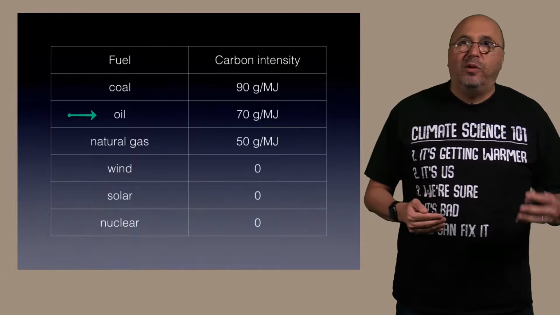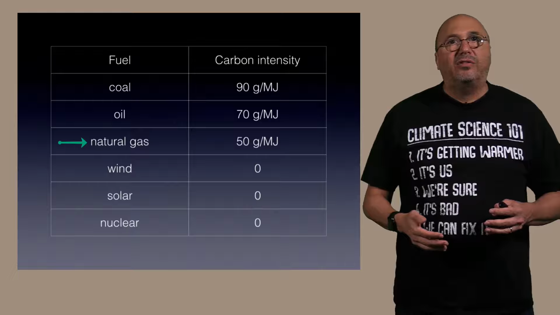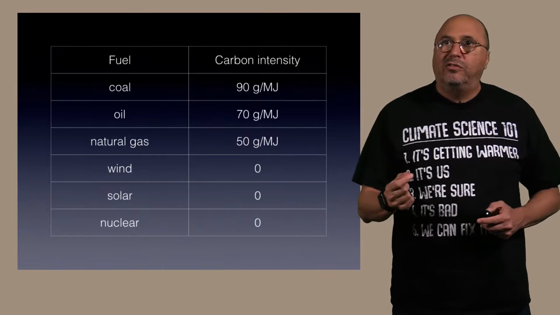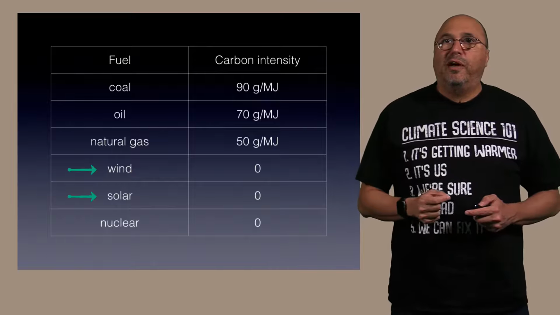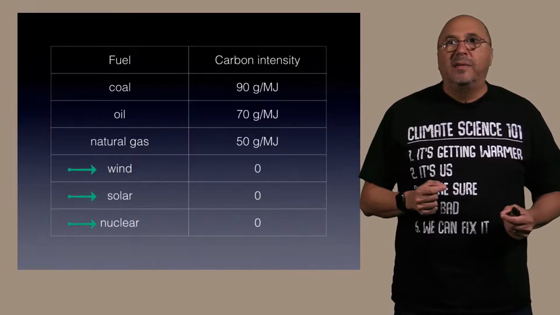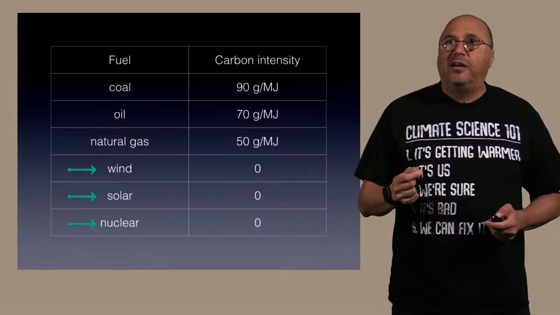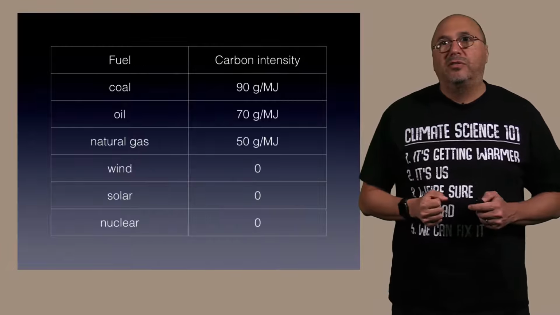Oil produces about 25% less carbon dioxide per joule than coal, and natural gas produces about half the carbon dioxide per joule. But renewable energy sources, such as solar and wind, and non-fossil fuel energy, like nuclear, have carbon intensities of approximately 0. The upshot here is that the choice of energy source has a huge impact on emissions.